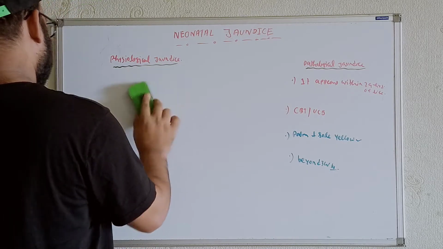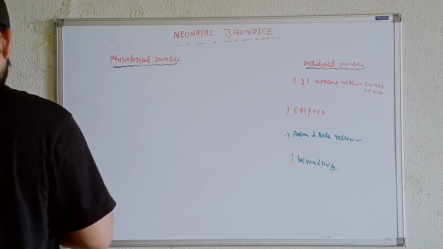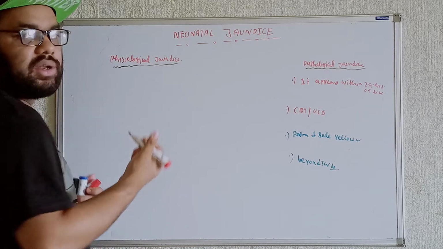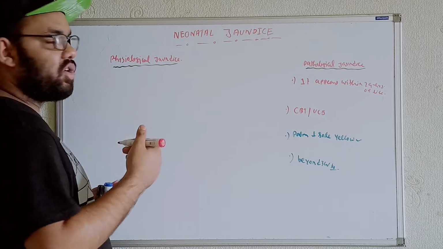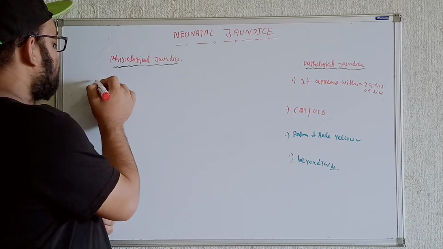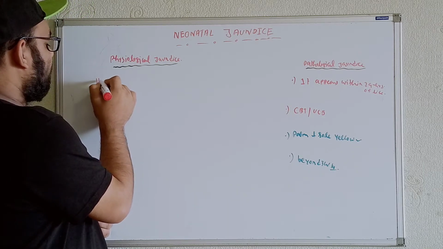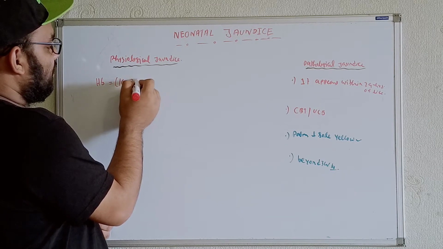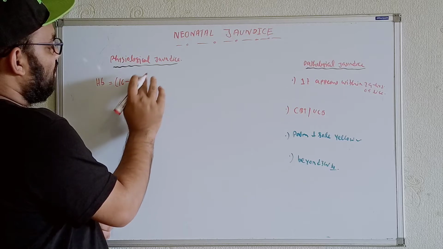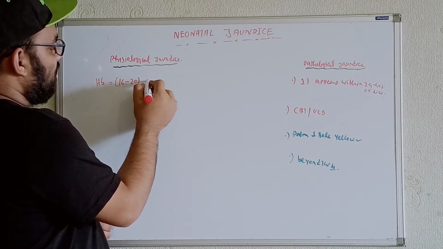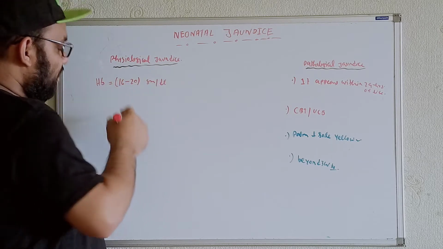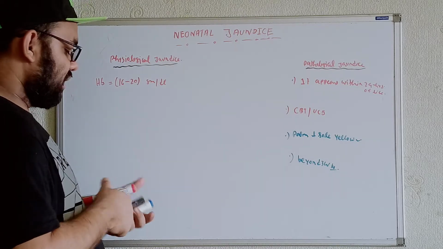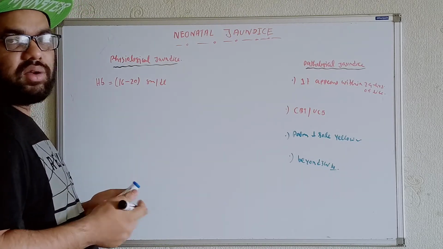Normally, whenever we are getting the neonates, try to understand, within the neonates the normal value for hemoglobin will be much more than the adult. Here we will get the hemoglobin value in the neonates that may be around 16 to 20. Whenever we get more amount of hemoglobin, there is a chance for more breakdown of the hemoglobin.